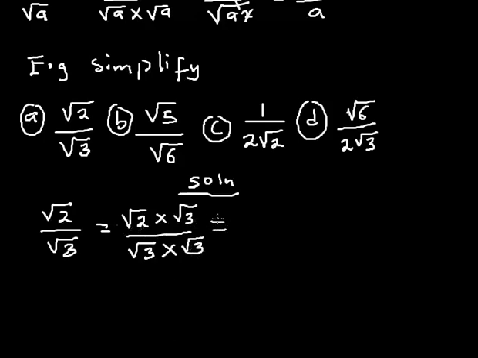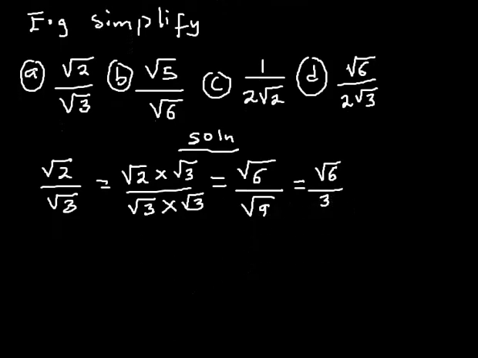Surds can multiply themselves, right? So root 2 times root 3 gives me root 6. And root 3 times root 3 gives me root 9. Now I know root 9 is a perfect square, root 6 is not a perfect square, so I'll keep it in surd form. The square root of 9 is actually 3, so that is a rational 3 now in the denominator. That's rational.